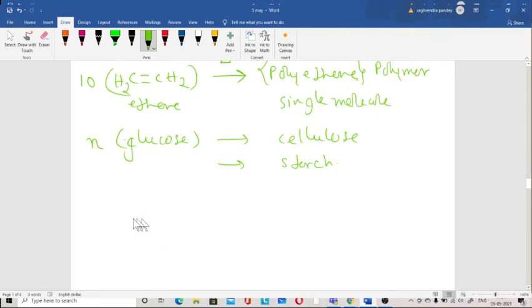This is called vinyl chloride. If I take n moles of vinyl chloride and heat it, it will give PVC, polyvinyl chloride.